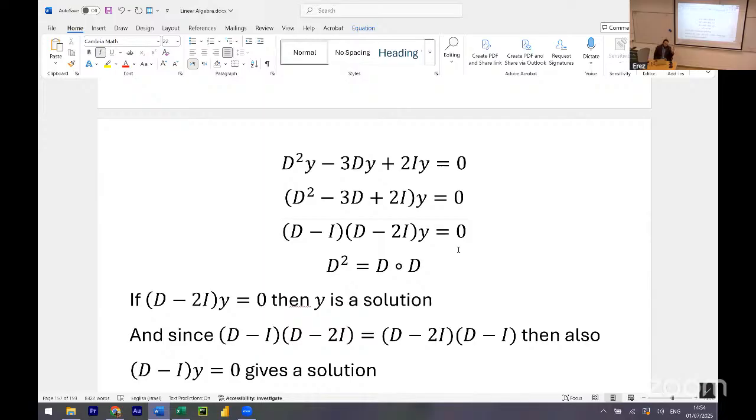Then in the second semester, I taught them ODE, differential equations, and once I said, now D is a linear function, they all went, we thought we were through with linear algebra. And you're never done with linear algebra. In engineering, more than computer science, but in computer science as well, you use linear algebra all the time. Differential equations you won't see, but linear algebra, it's everything.